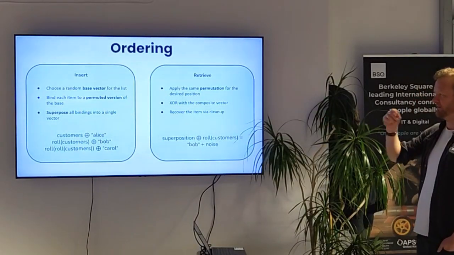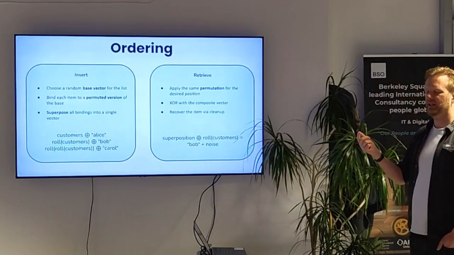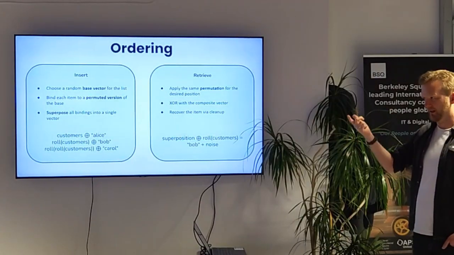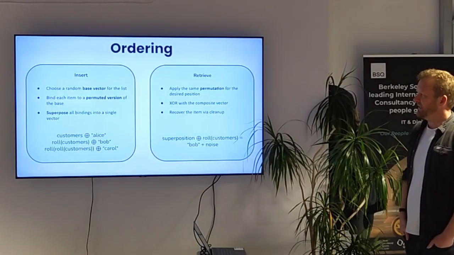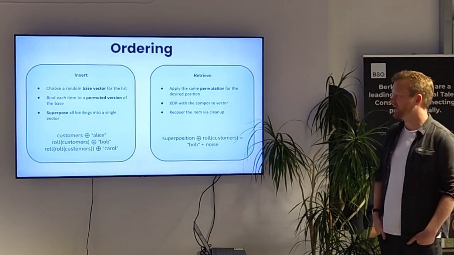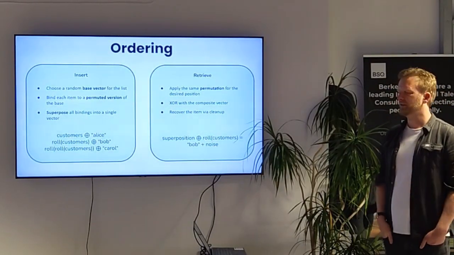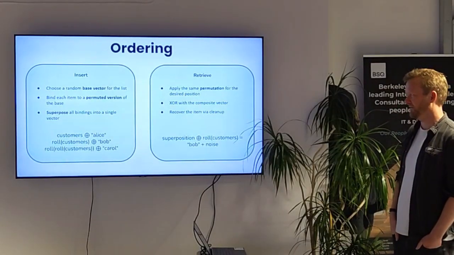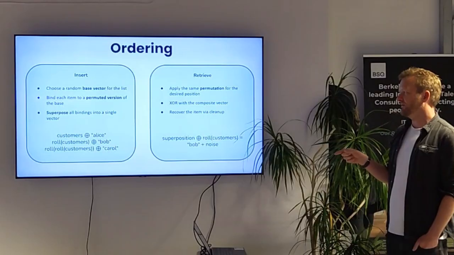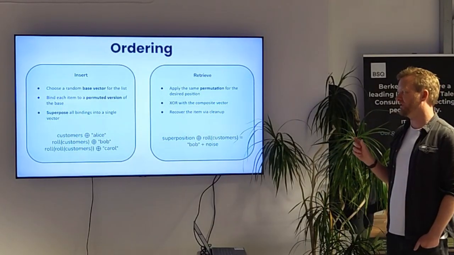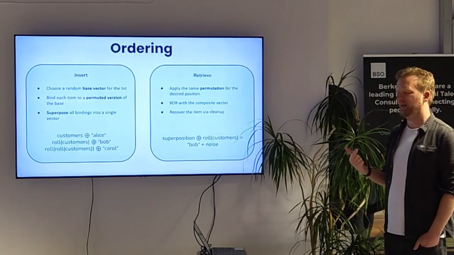If we have a list called customers, for example, then we just pick a 10,000 dimensional vector, which is the list, customers. If we want to put Alice in the first position of that list, then we just do the exclusive OR as we did before. We just literally bind it to the first position.